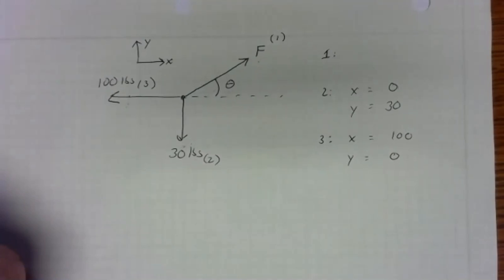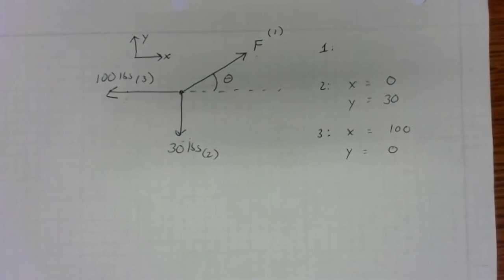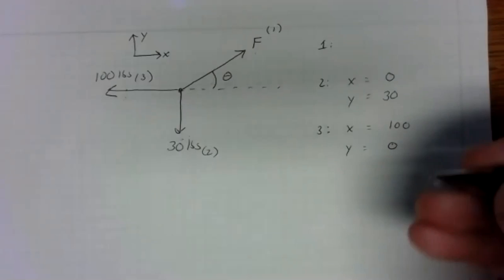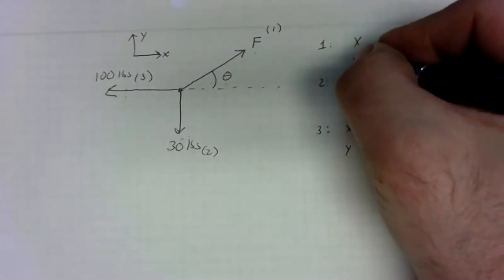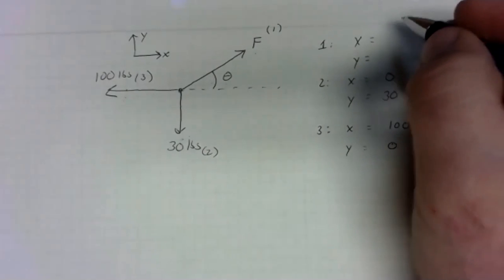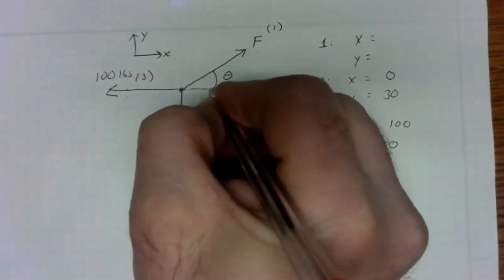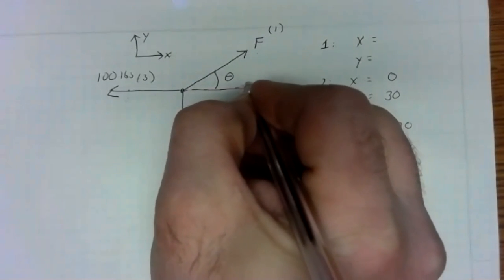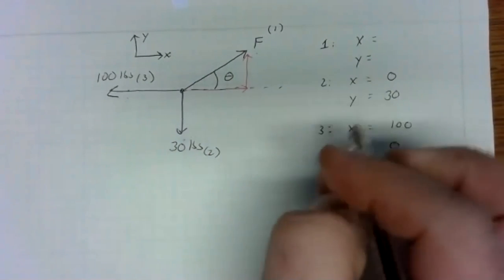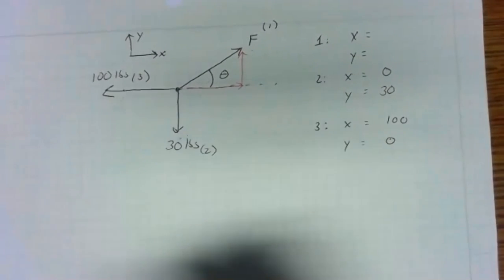our unknown force. Now, last time we learned about how to use trig to get the components of that force. And your first instinct may be, certainly if you've been working on your vector addition homework, to say, well, I've got this right triangle here. I've got a horizontal and I've got a vertical. I've got an adjacent and an opposite side.